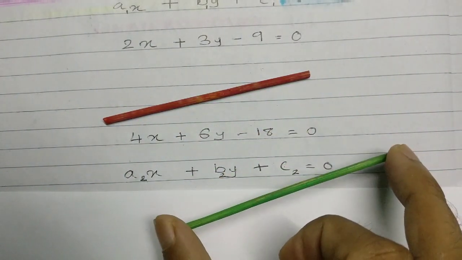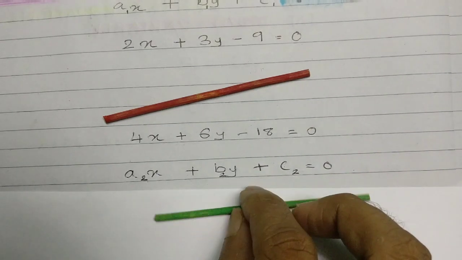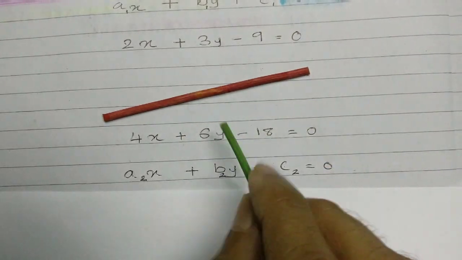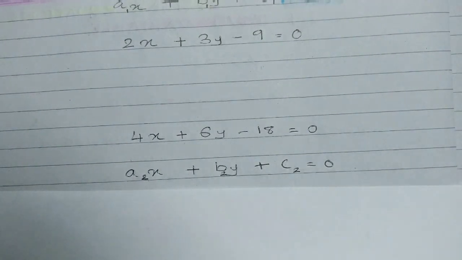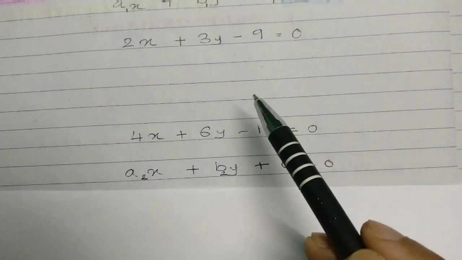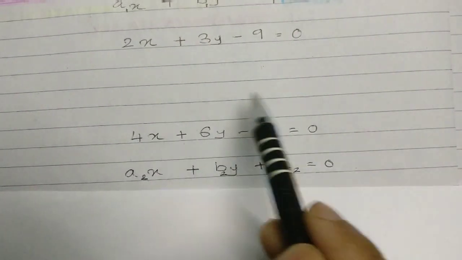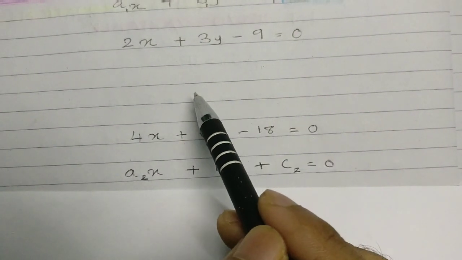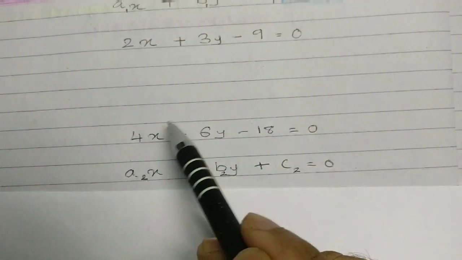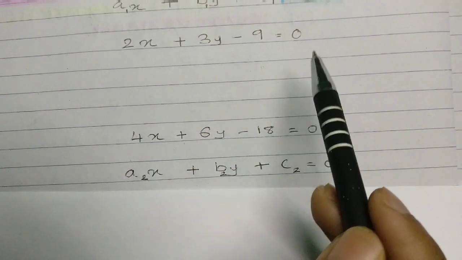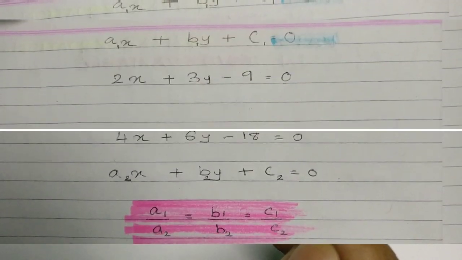So these three things are possible. Now every time when two equations are written, it is impossible to directly look at it and tell what kind of situation will form. Either the lines will intersect each other, or they will be parallel to each other, or they will overlap on each other.